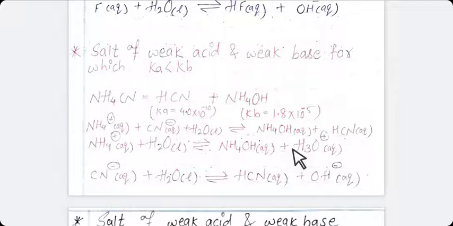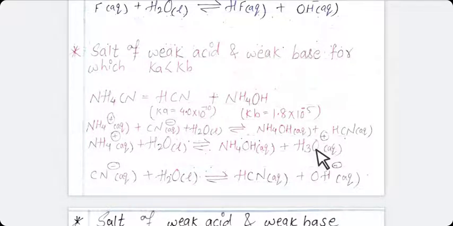Always remember, as you are already aware of what hydrolysis means and how ions are hydrolyzed, when it reacts with water, the hydrolysis of cyanide ion is greater than ammonium ion, and the reaction produces more OH-, hydroxyl ion, than hydronium ion.